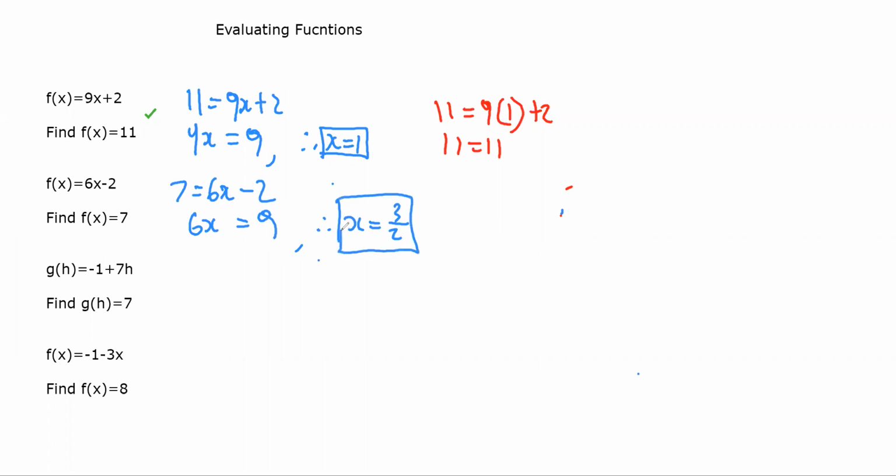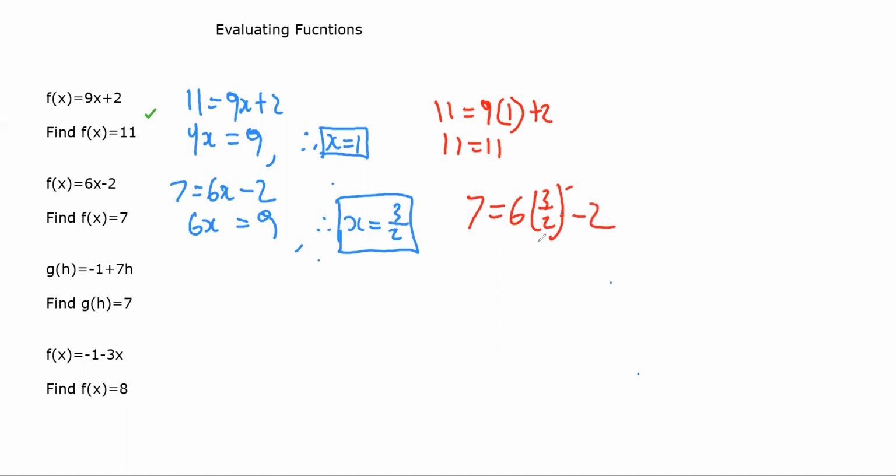Now, let's check if we have this right. If we check this, what we do is substitute f of x equals 7 in this equation right here. So we will get 7 equals 6 into 3 by 2 minus 2.